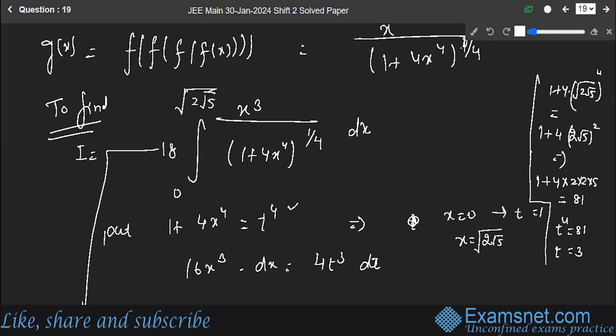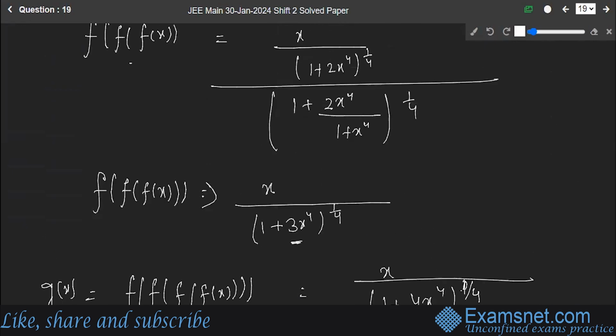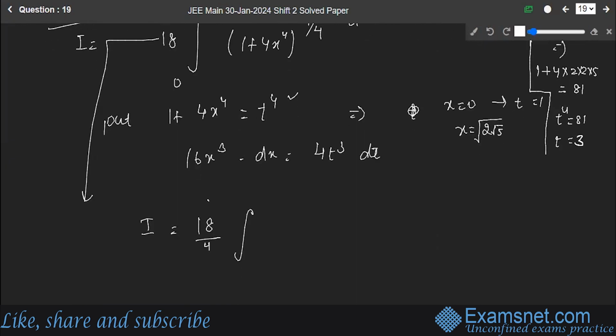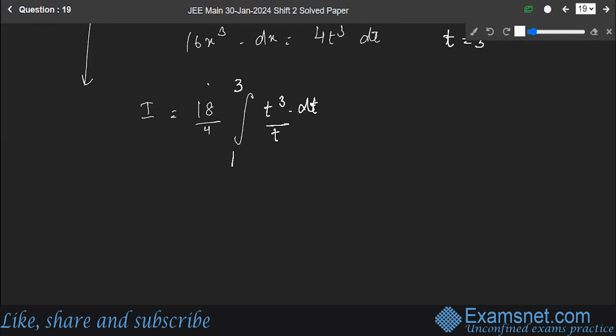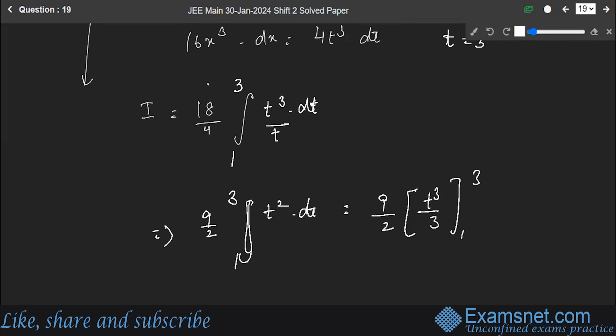Now the new limits will be: when x is equal to this, t will be equal to 3. Limits will change from 1 to 3. This will be given by t cube dt upon t. So this is equal to 9 by 2 integral 1 to 3 of t square dt, or 9 by 2 times t cube upon 3, limit 1 to 3.